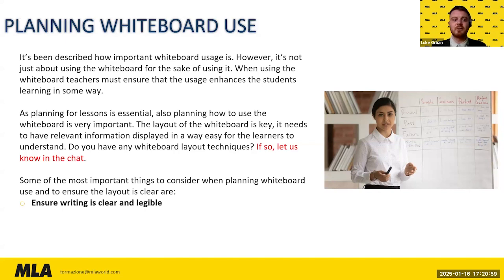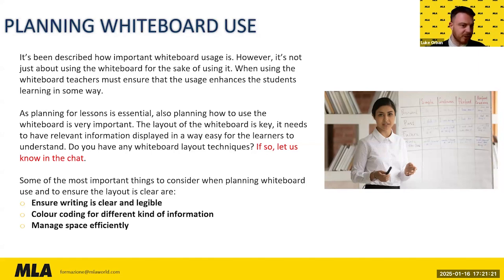So I had to change how I held the pen, not to smudge any words, to make sure the writing was still legible for the students. Color coding, as I mentioned previously, highlights the importance of different kinds of information, and managing space efficiently. Like I said, sectioning and dividing the board into different elements.